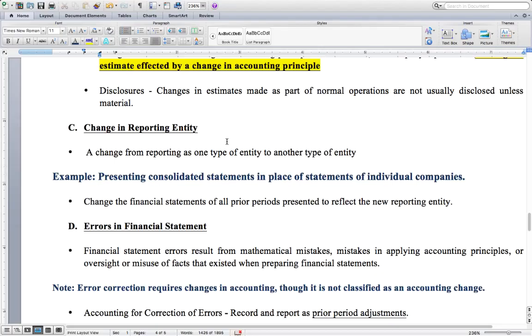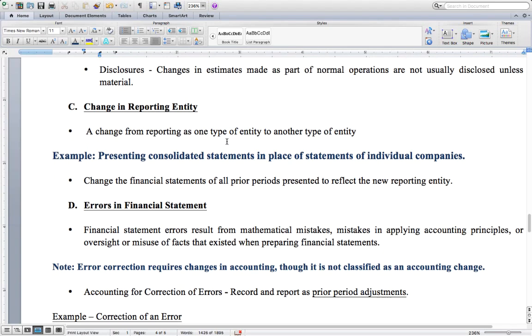Next, we're going to move on to change in reporting entity, and we'll be very brief with this. This is simply when a company changes from reporting as one type of entity to another type of entity. The most common one to think of would be a company presenting consolidated financial statements in the place of individual financial statements for its companies and subs. You would change the financial statements for all prior years presented to reflect the new reporting entity.